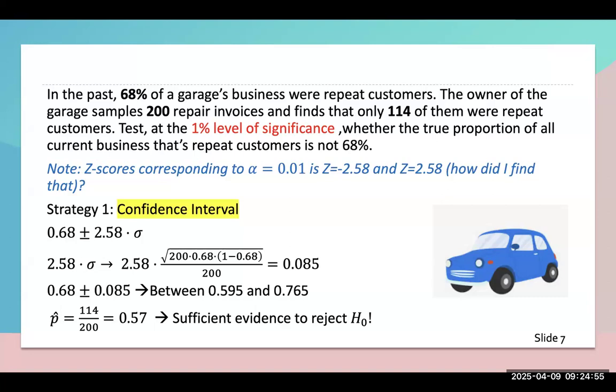The chance of that happening is 1% or 1 out of 100. So that's highly unlikely. And guess what? We got something that was outside of those bounds. So this provides evidence to say that the true p is not 68%. So there's sufficient evidence to reject the null hypothesis.